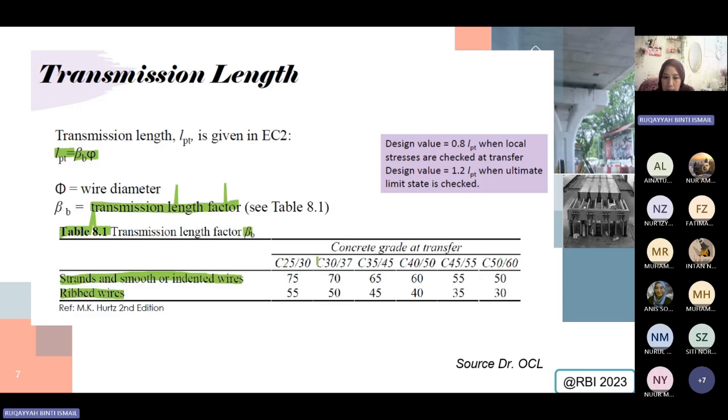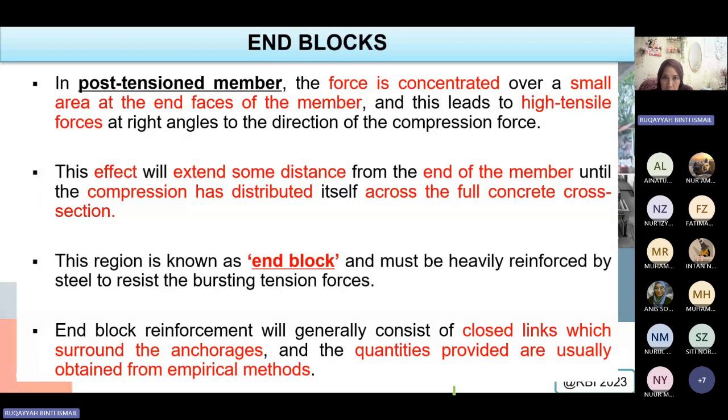For example, if you are taking C30/37 and it's a strand or smooth wire, then you can take beta equal to 70. So this is the consideration when we want to use these values. Either you use this table or you can use the formulation to get your transmission length values. Okay, are we clear?